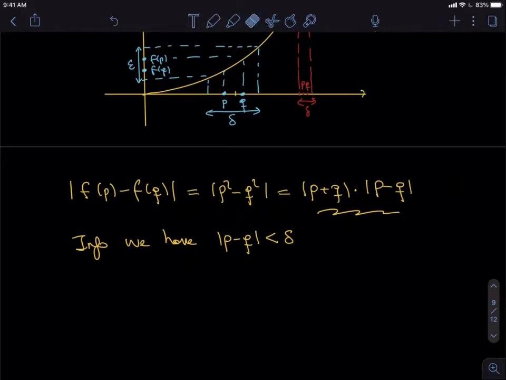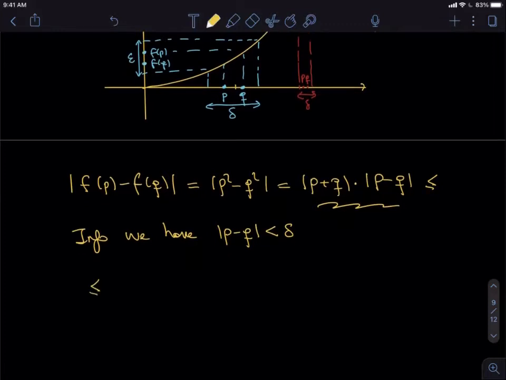So let's get to it. This is less or equal. Here what we are going to do is to apply the triangle inequality. Okay, and we can just go ahead and say, well, p plus q is the absolute value. Well, let's write it carefully first.